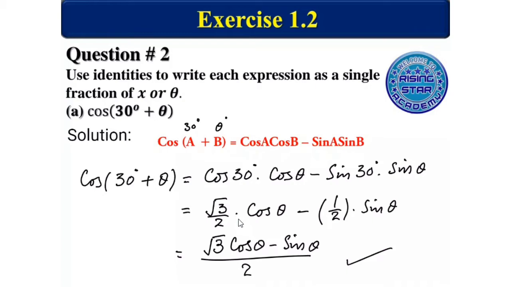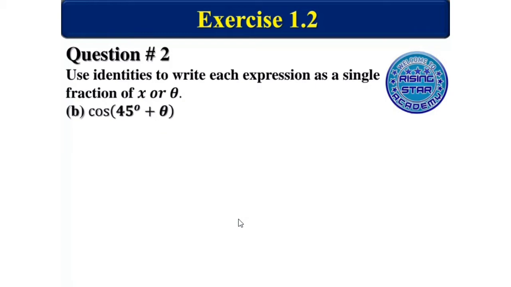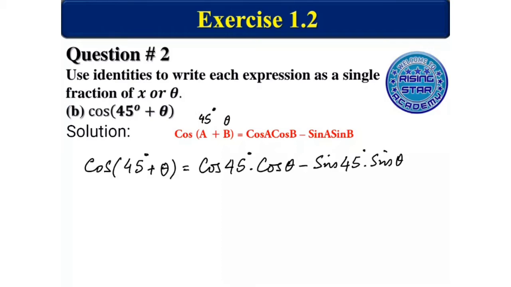Now move to the next part. In the next part, we have cos of 45 plus theta. So we will again apply the identity of cos A plus B. Here my A value is 45 and my B value is theta. So cos of 45 plus theta is cos 45 cos theta minus sine 45 sine theta.